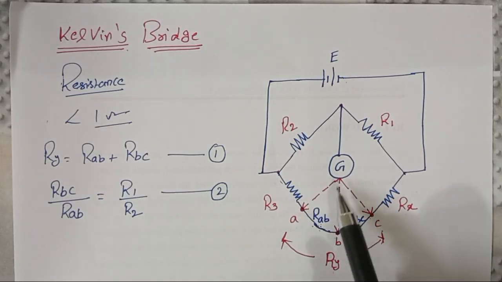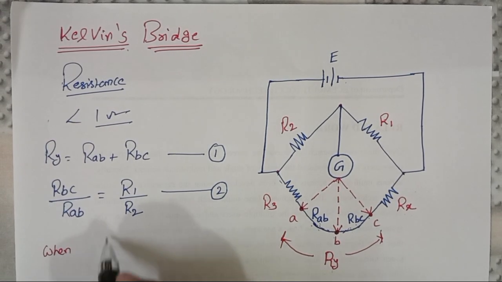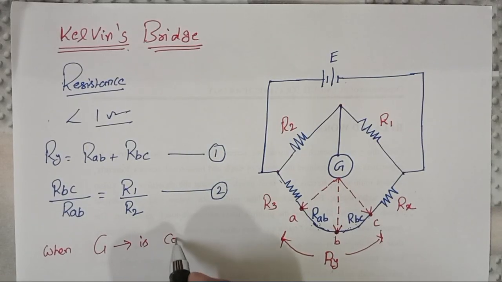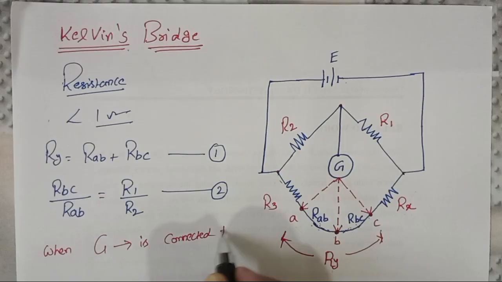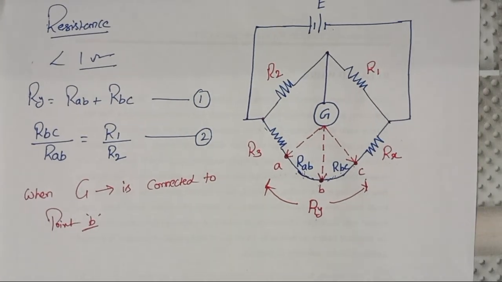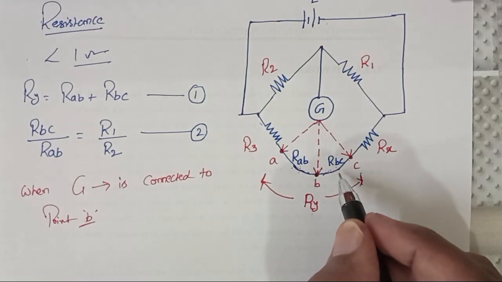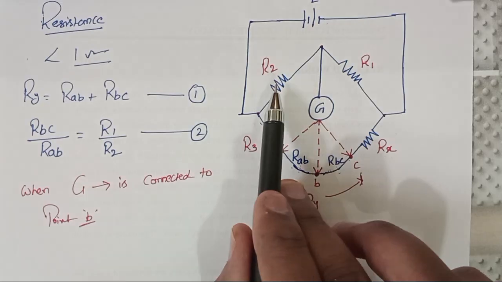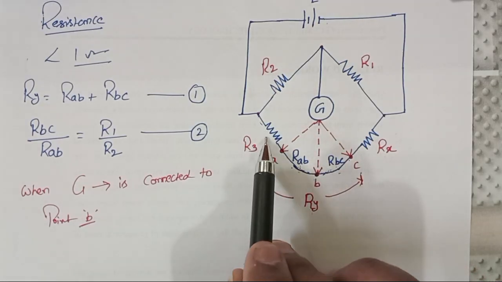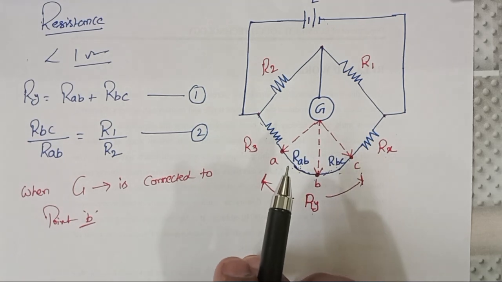Now the galvanometer G is connected to point B. Then when it is connected here, this one plus this one into this one is equal to this one plus this one into this one. That is our bridge balancing condition.